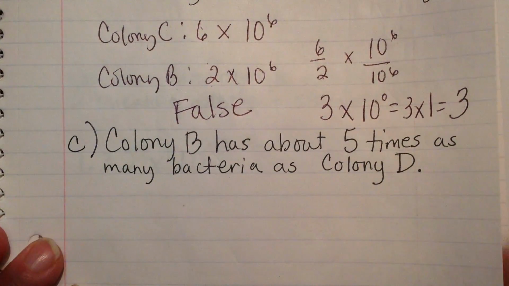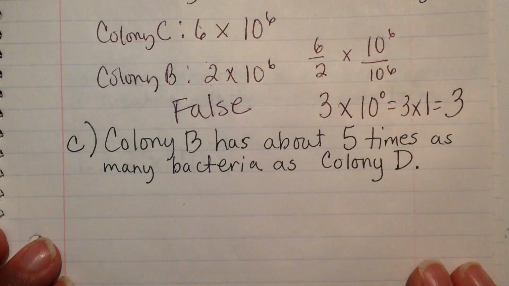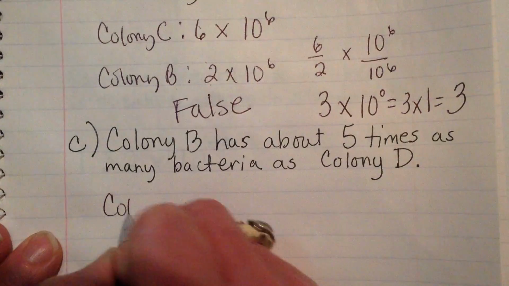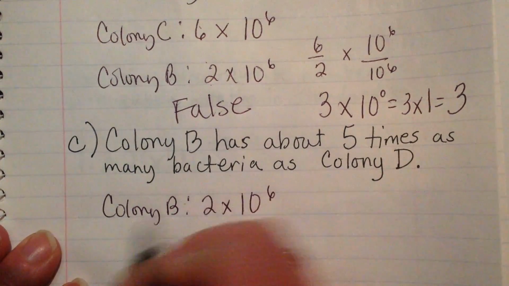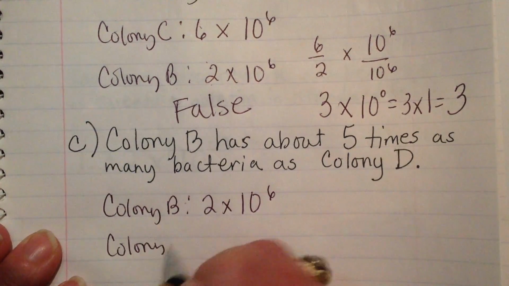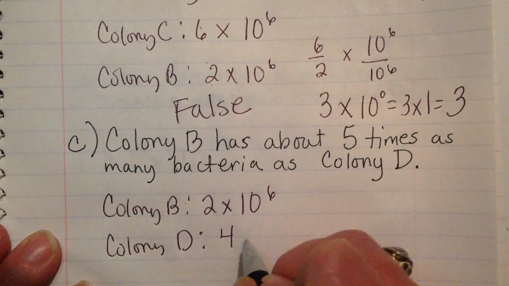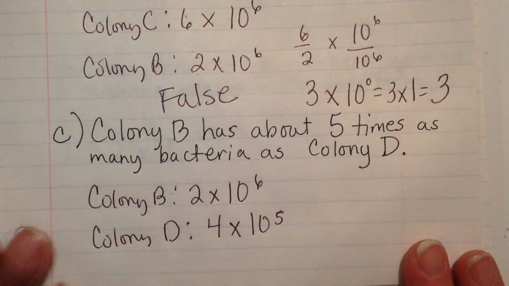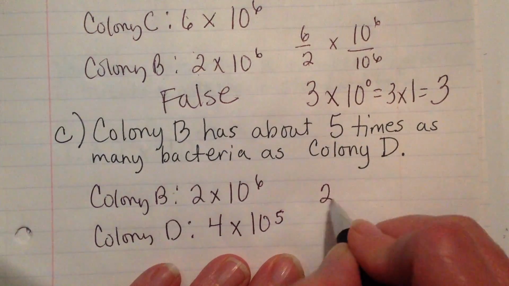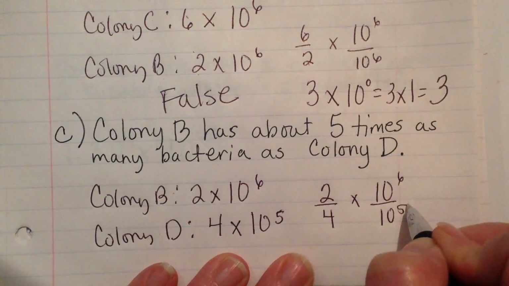And let's look at C. Colony B has about 5 times as many bacteria as colony D. So colony B is 2 times 10 to the 6th, and colony D, looking back where we listed out, scientific notation is 4 times 10 to the 5th. So let's compare them. If we divide 2 divided by 4 times 10 to the 6th divided by 10 to the 5th.